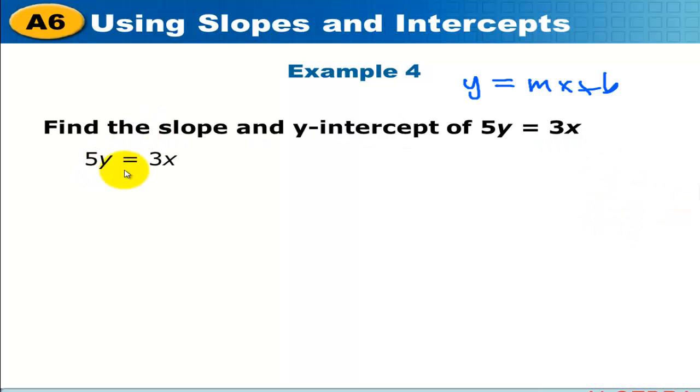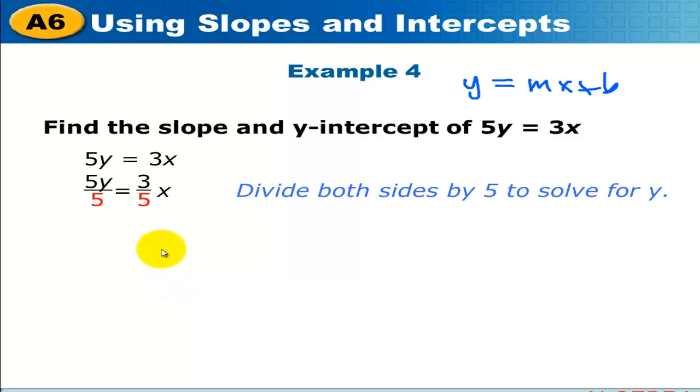Okay, it seems like once I remove my 5 here, we will already isolate our y. So we just have to divide both sides by 5. 5 and 5 will cancel out. And I will have here y equals 3/5 x.